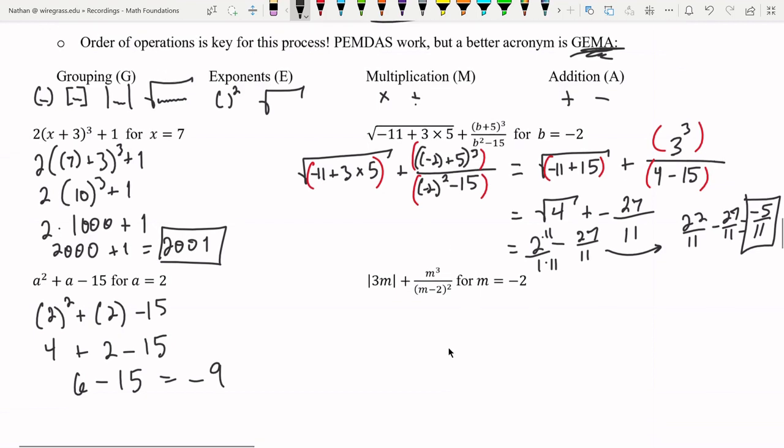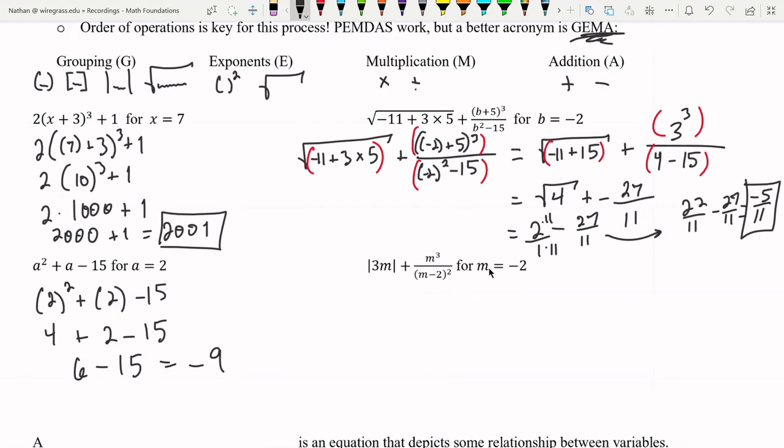All right, for this one, let's plug in the negative 2. We get the absolute value of 3 times negative 2, plus negative 2 cubed over negative 2 minus 2 squared. Okay, same kind of idea as this one here.